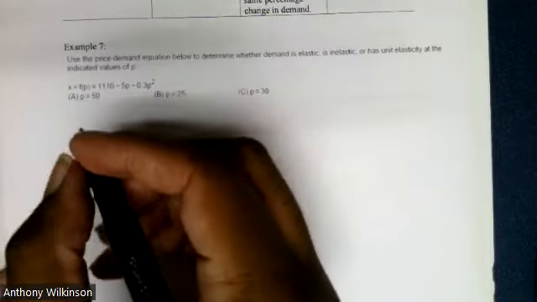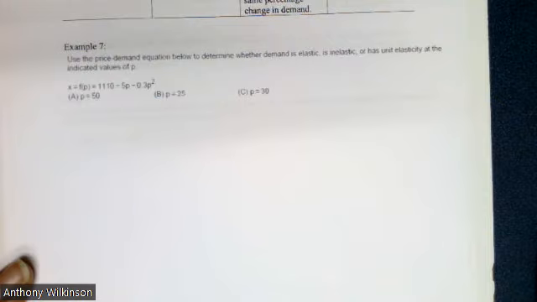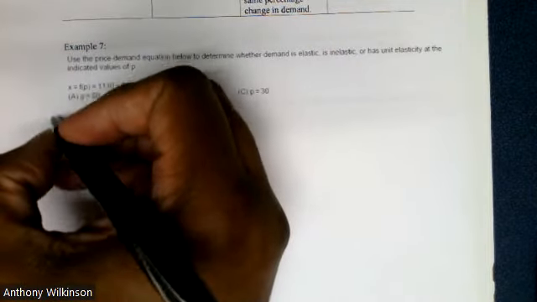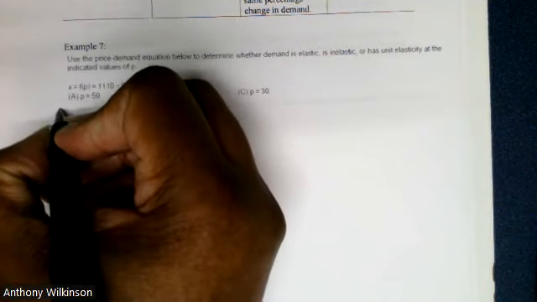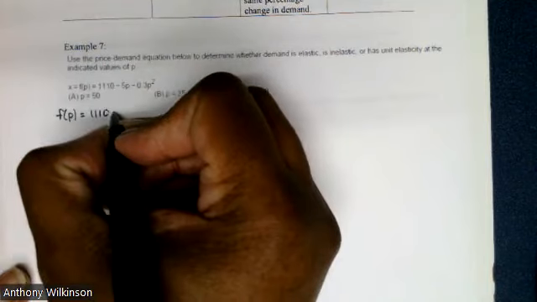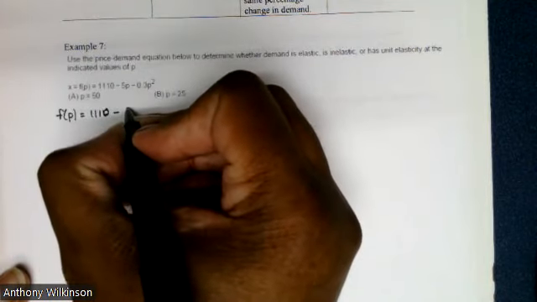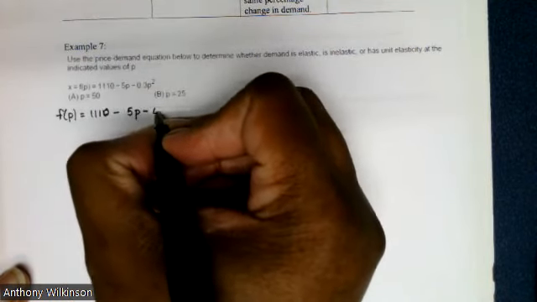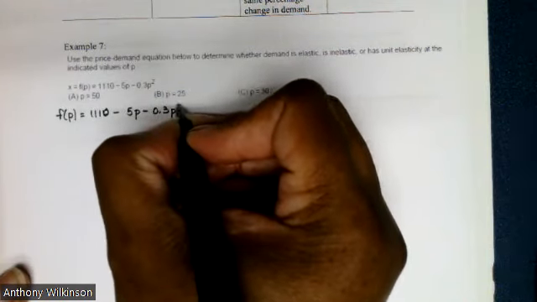So let's first find out what F prime of P is, and then we can find out what E of P is going to be, our elasticity function. So F of P is equal to 1110 minus 5P minus 0.3 P squared.